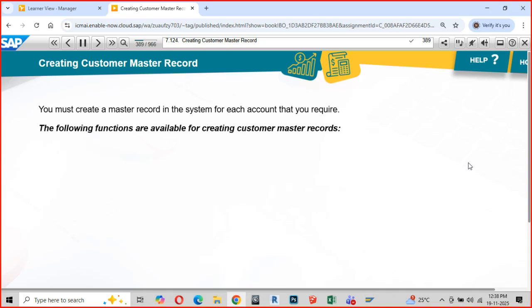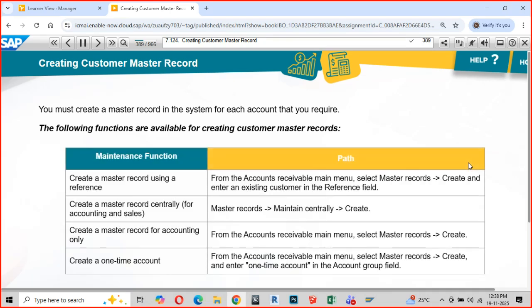You have three views: the general data view, the company code view, typical to FI, and the purchase organization view and the sales organization view, typically the sales and distribution module view. If you are able to answer such questions, more than enough.